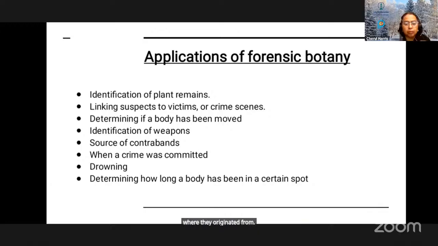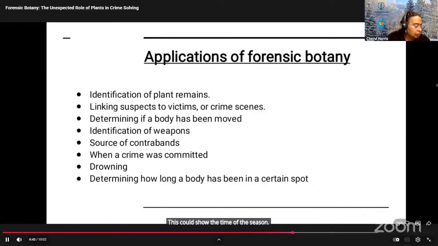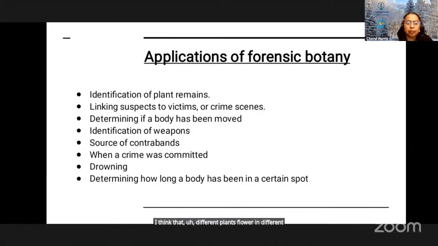Also we have when a crime was committed. This could show the time of the season. Under season, plants. Let's use the example of pollen grains again. You find that different plants flower in different seasons of the year.